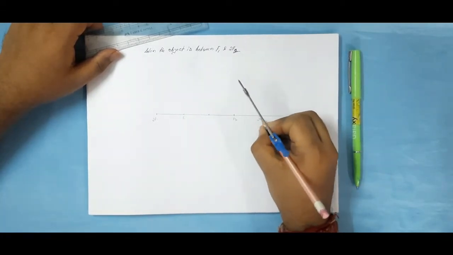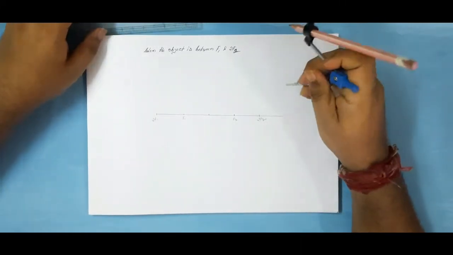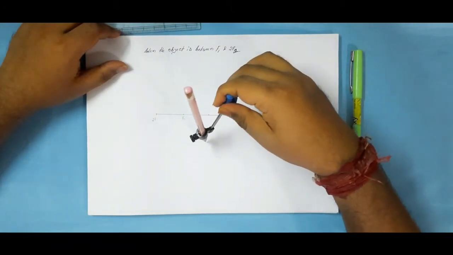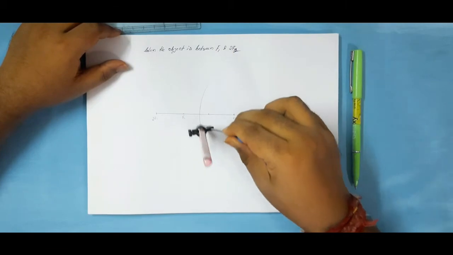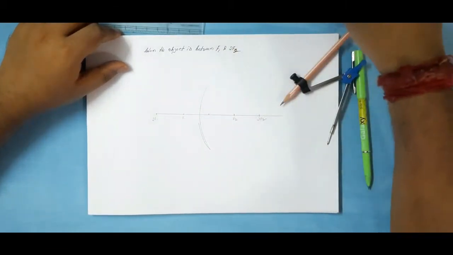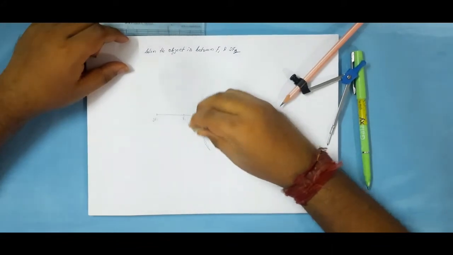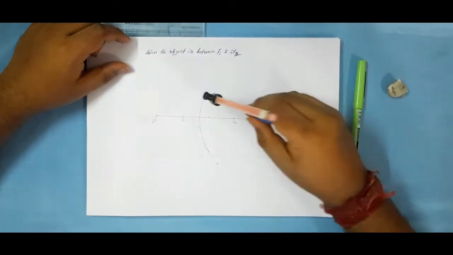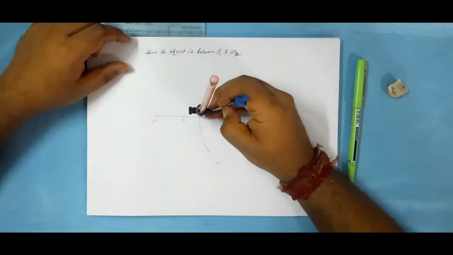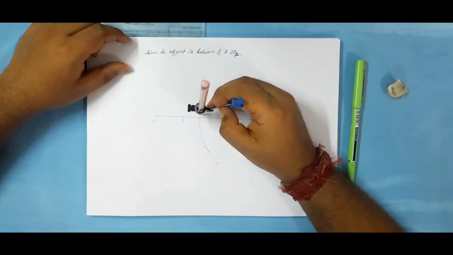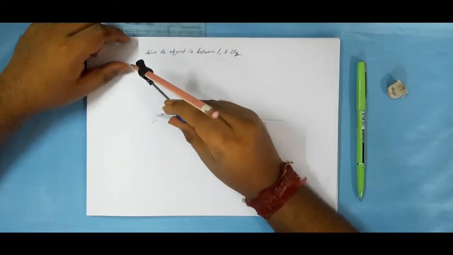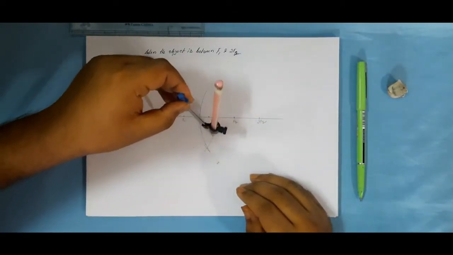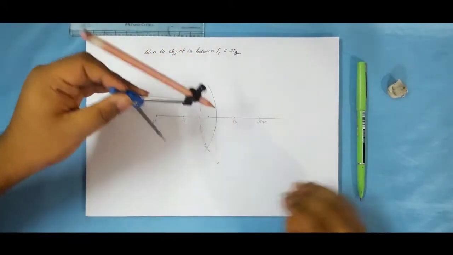and 2f2. Okay, now the center of curvatures f1 and 2f1, we have to draw an arc to draw the lens. So this is the lens.